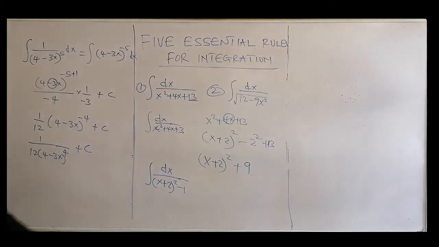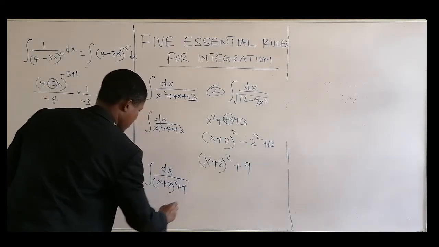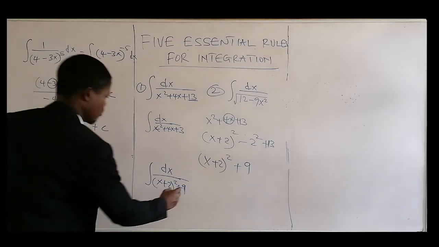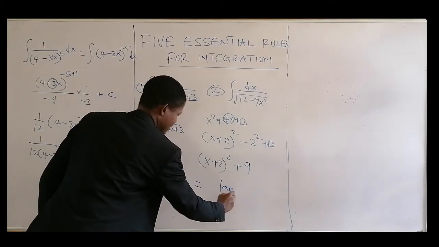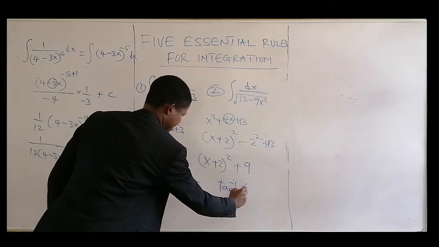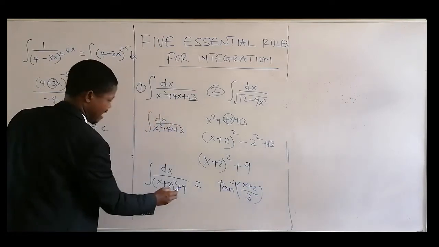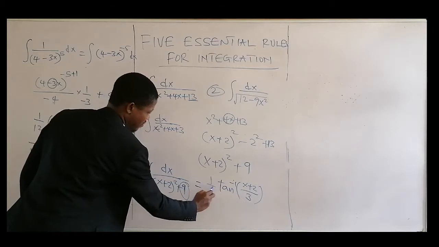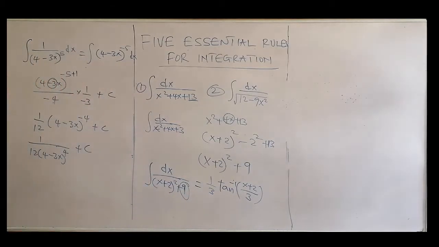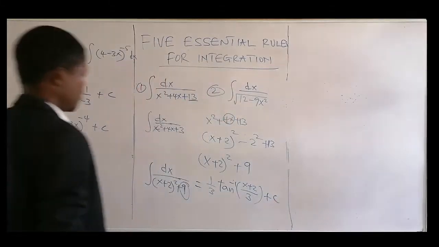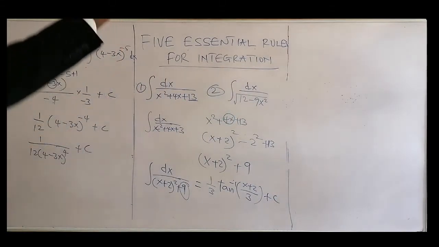From the table, this will be equal to arctan of (x plus 2) over 3, and then you divide by a, so 1 over 3, your a is 3, and then plus c.